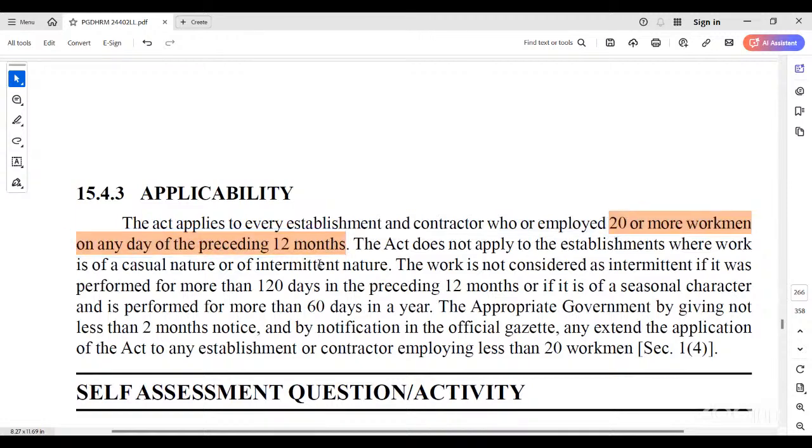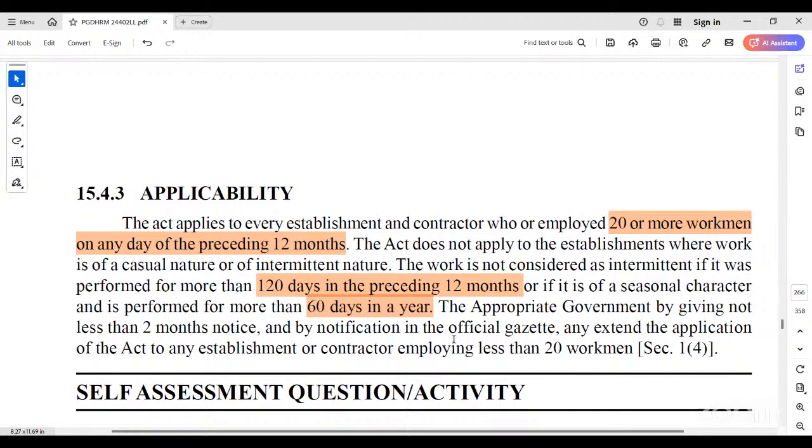This act does not apply to establishments where the work is of a casual nature, intermittent or seasonal. The work is not considered intermittent if it was performed for more than 120 days in the preceding 12 months. 120 days means almost 4 months. For work of a seasonal character, it is not considered so if it is performed for more than 60 days, that is more than 2 months.